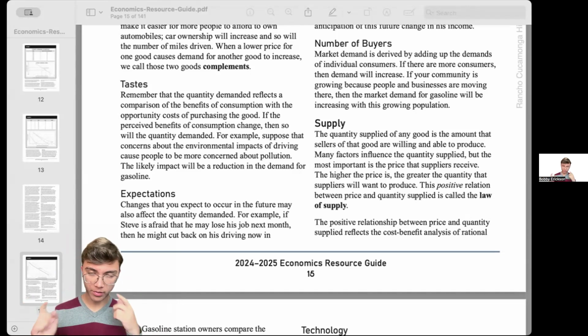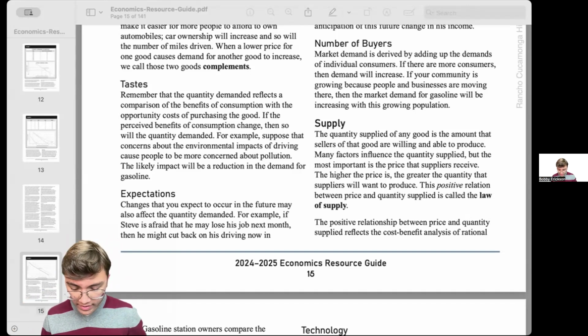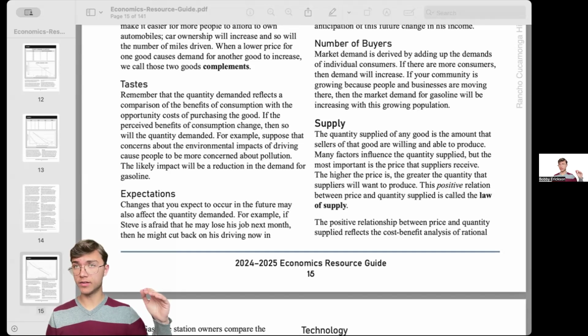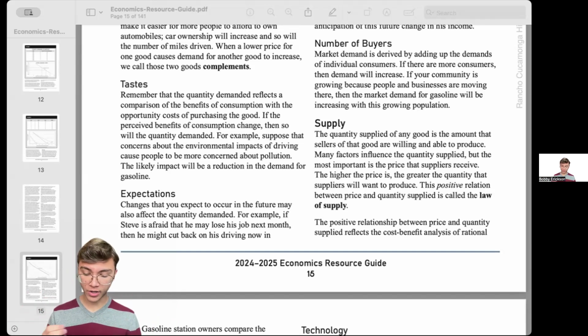And so supply is related to the producers, demand is related to the buyers. And so there is a positive relationship between price and quantity supplied. So, if the price of a good is higher, then suppliers will be more willing to supply a higher quantity of that good, because you want to supply more of something if it's at a higher price, right?